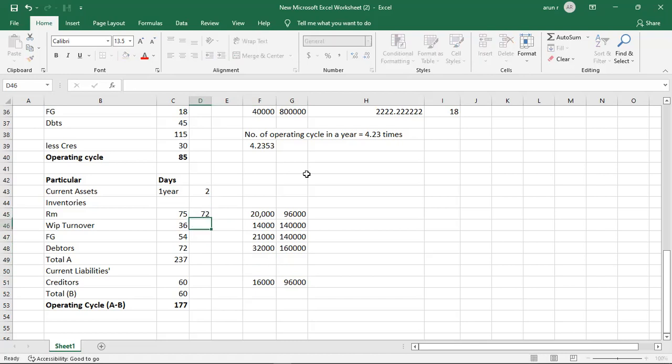First 72 days. Second 36 days, 48 days, then 90 days. Total of that is 246 days. Creditors will be 48 days, and 198 days.